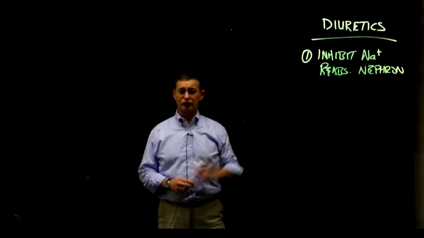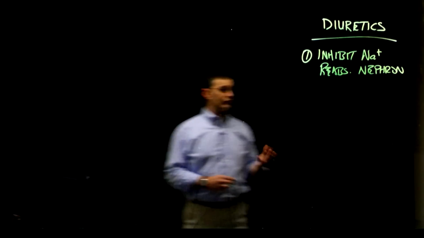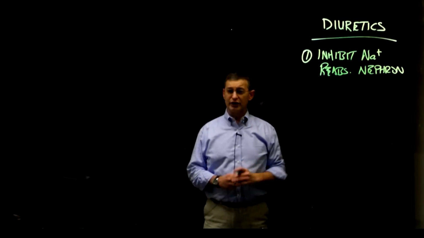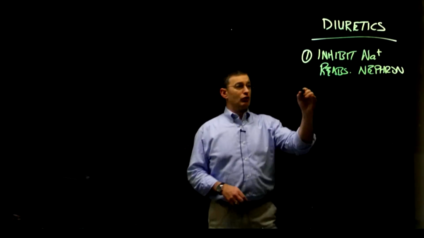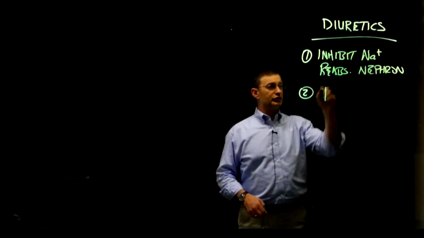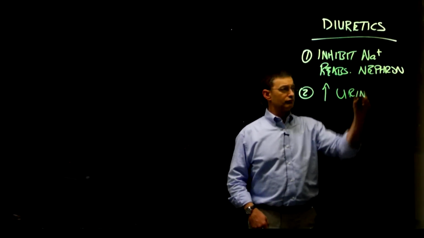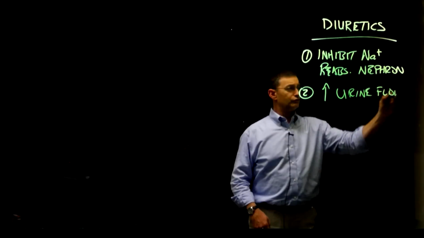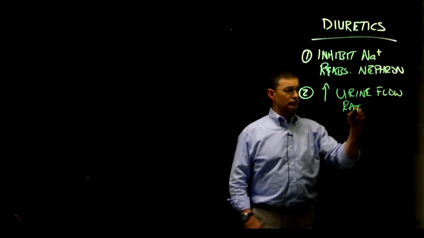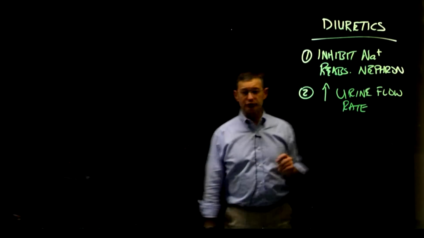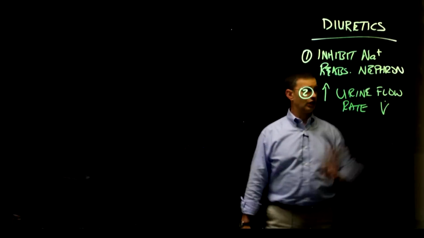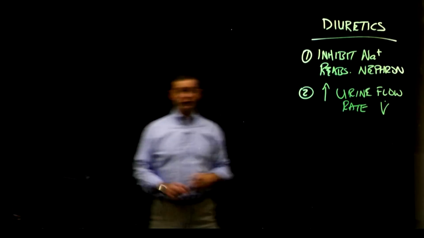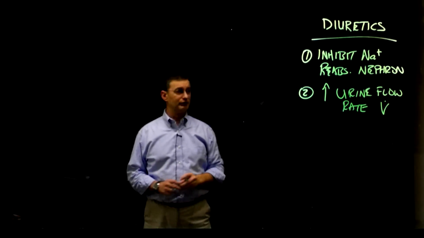Some of them will work from within the tubular lumen. Some of them will work from the basolateral surface. All diuretics will increase urine flow rate, and this is represented by V dot, which is basically a volume per unit time.